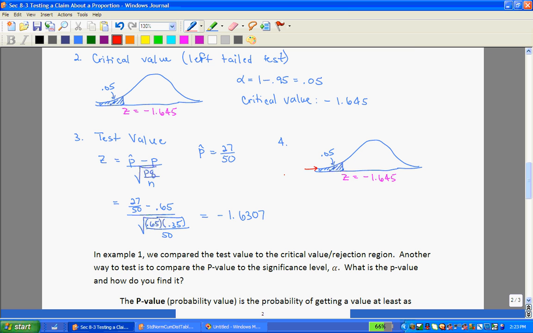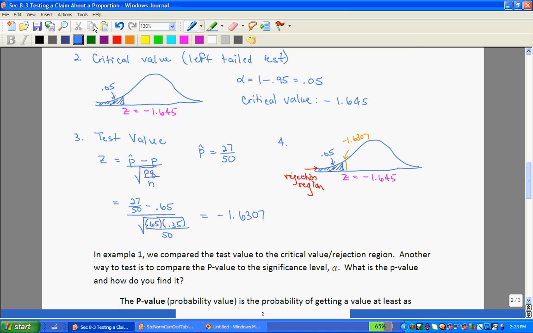So if I have a value that falls out here, then I'm going to reject the null hypothesis. Anywhere else, then we're okay. Well, this 1.637 is just to the right of negative 1.645. So it does not fall in the rejection region.